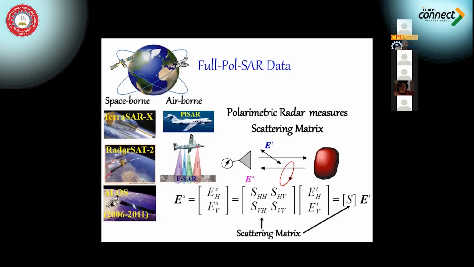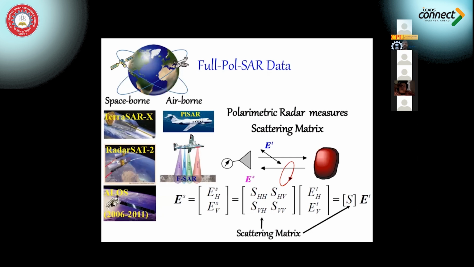By utilizing the phase and amplitude data, we can do several applications. If you deal with only polarization-based intensity data, you can do radar polarimetry image interpretation. If you look at only the absolute phase information, then you can do some interferometry.